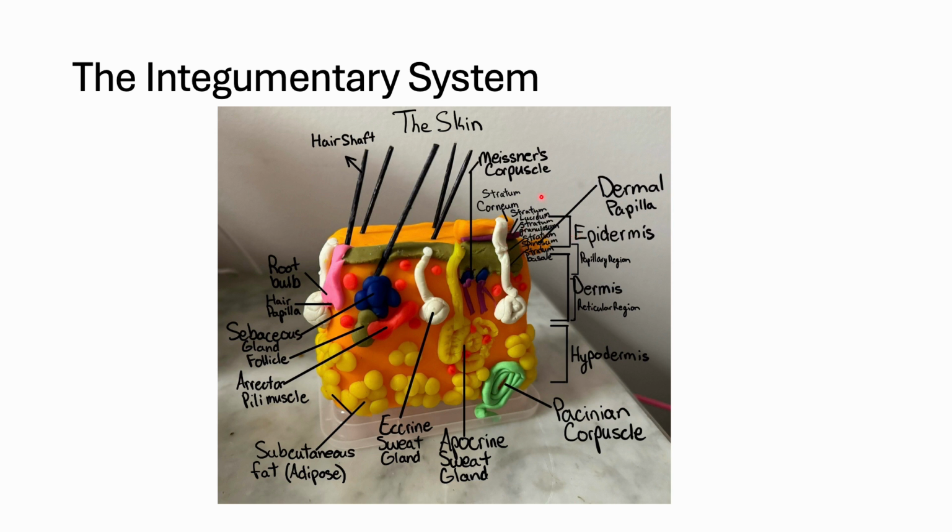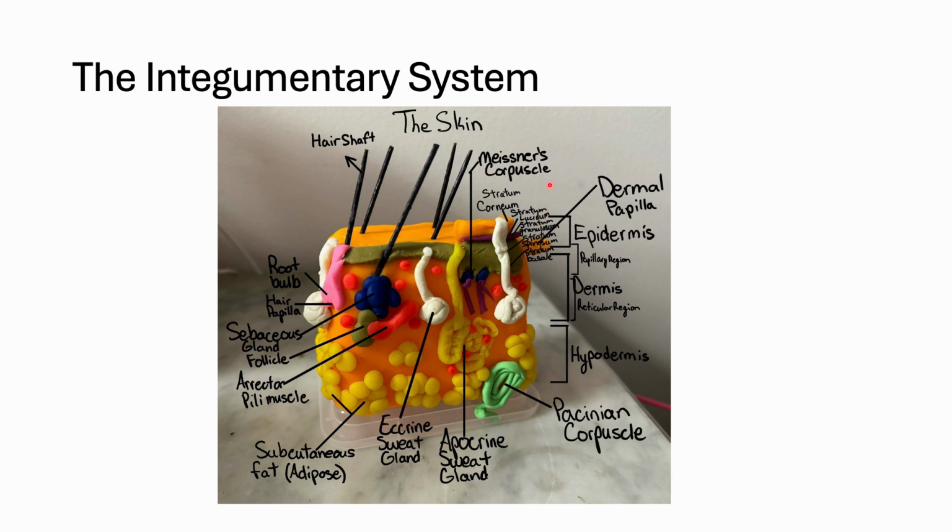So we have the stratum corneum, which is 15 to 30 layers of stratified squamous cells. This layer becomes replaced about every 4 weeks, and it's dead and dry and flakes off. And this is protective to the layers underneath it.